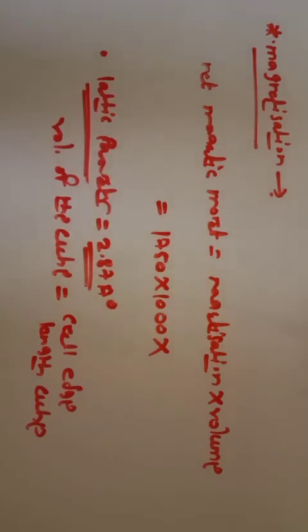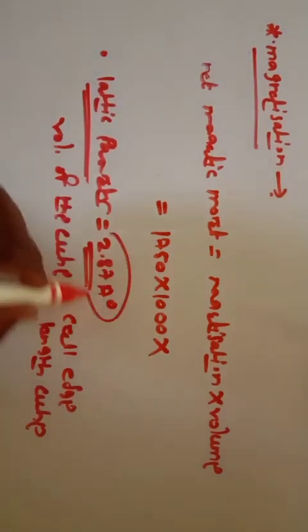So what is this lattice parameter? It is the length between two corners of the unit cell, also known as the cell edge length, and the volume of the cube is equal to the cell edge length cube.